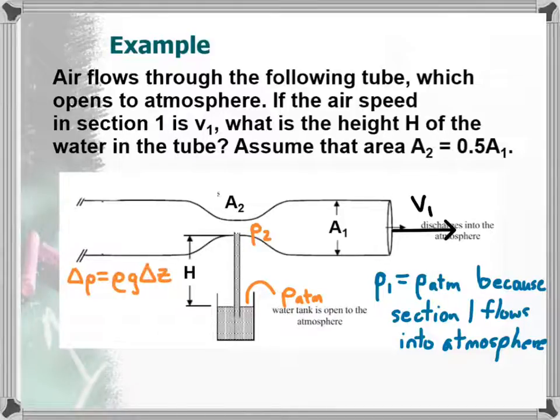We had an equation that says that the change in pressure equals rho times g times delta z, and delta z is actually a depth. So as you go deeper into a column of liquid, that causes a rise in the pressure. So I can say that atmospheric pressure, the pressure down here at the bottom, minus the pressure at the top, is equal to the density of water times g times the height of that fluid.